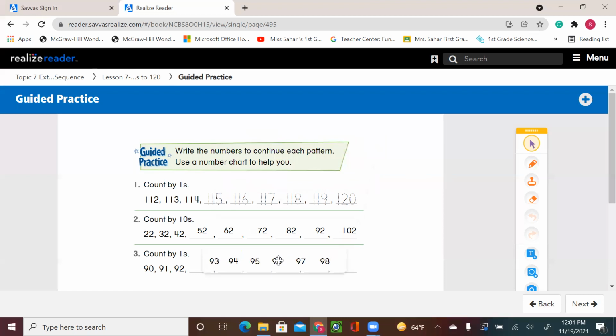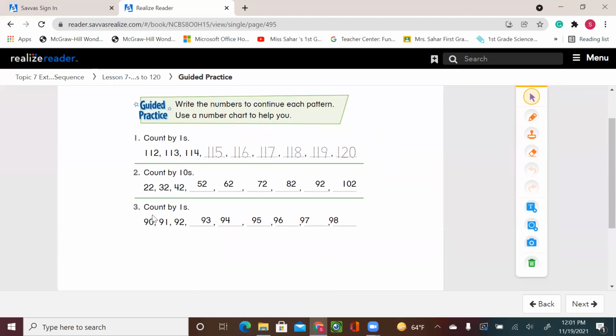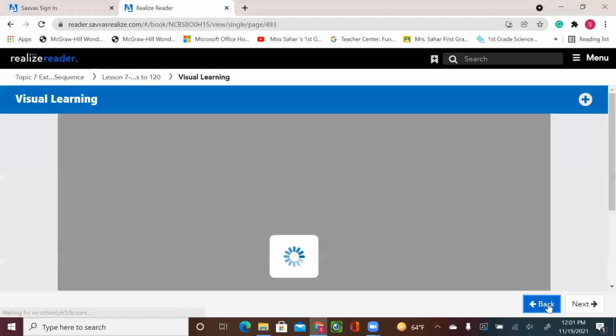Done. So as you see, I count by ones from 90, one more, 91, 92, all the way to 98. All right, so let's go back to the first exercise for this lesson and see what we have.